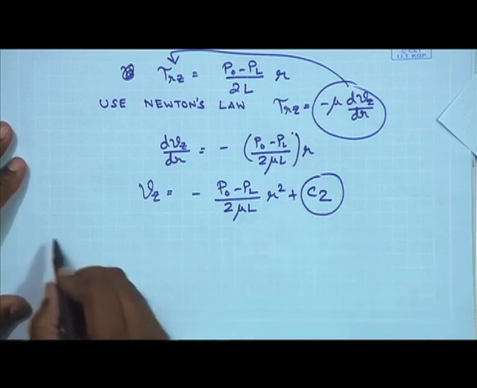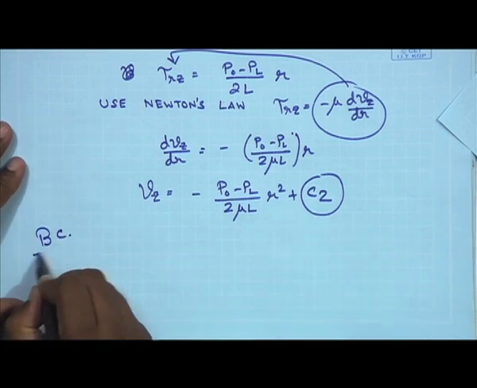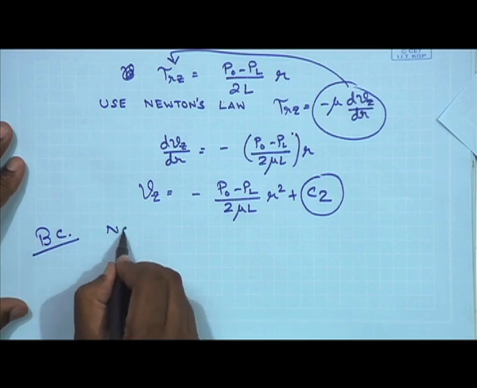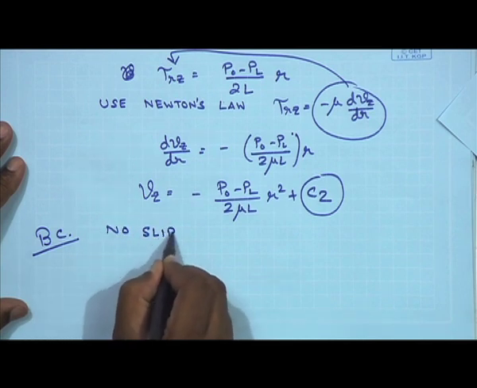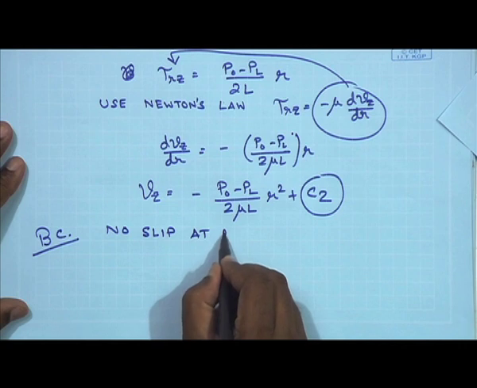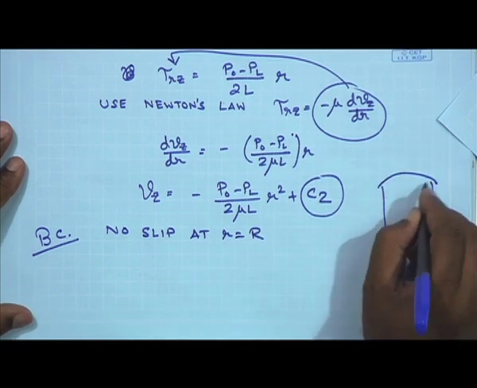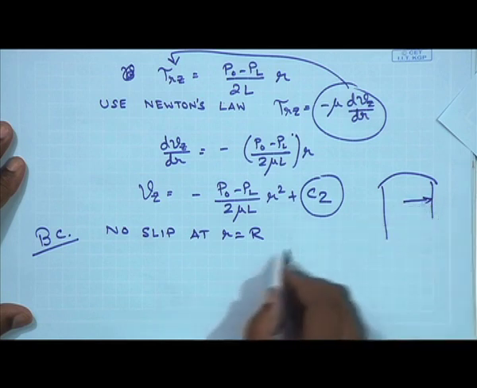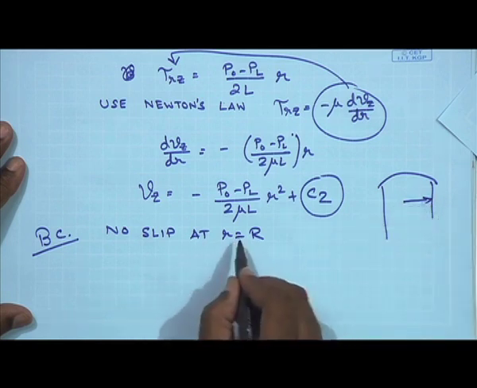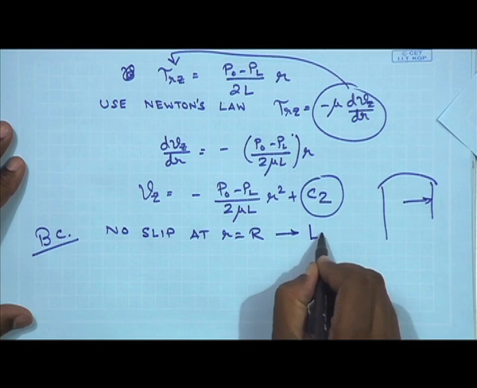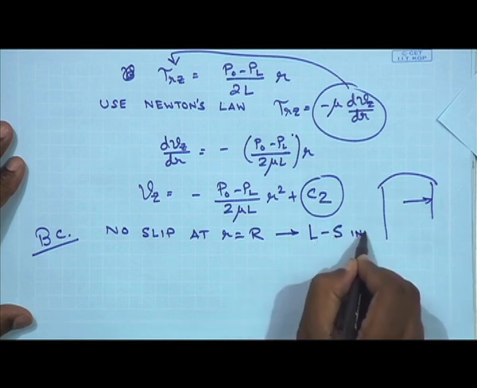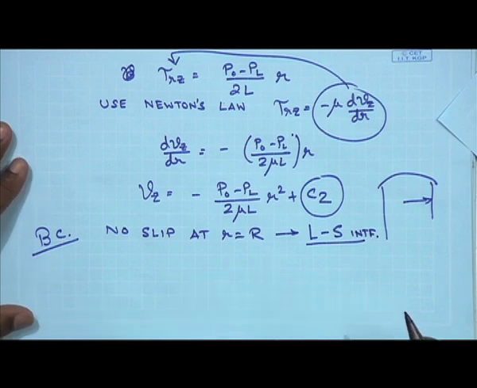Now, how do you evaluate C2? You need a boundary condition, and the boundary condition that is available to you is no slip at small r equals capital R, because when small r becomes capital R, then you essentially have a liquid solid interface, and at a liquid solid interface the relative velocity is 0.